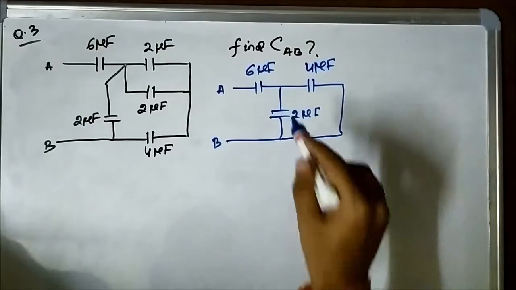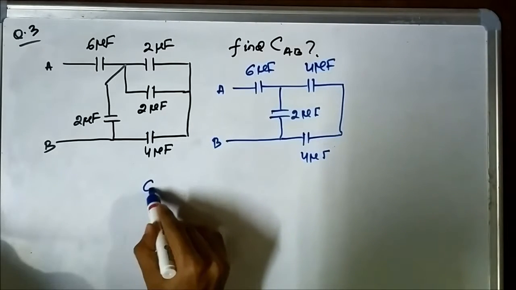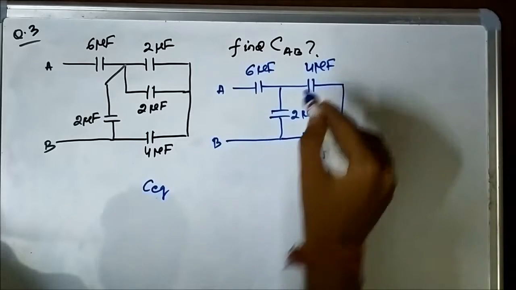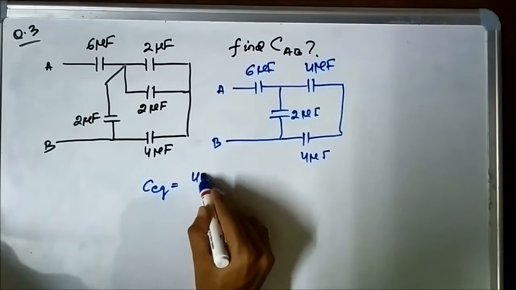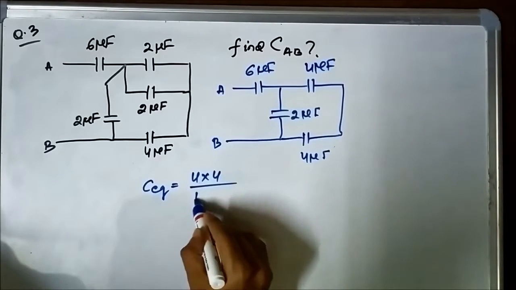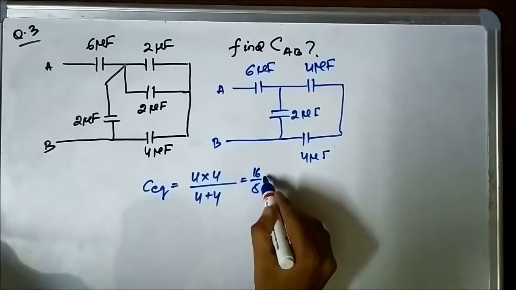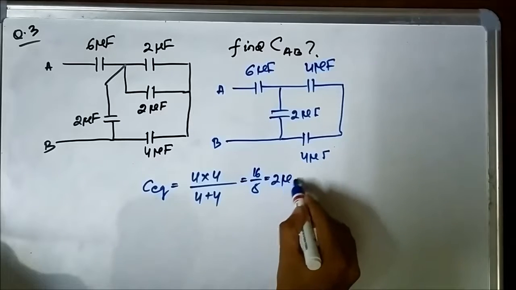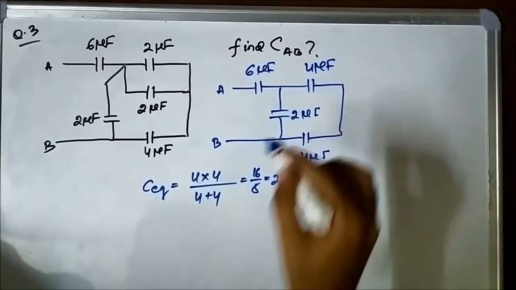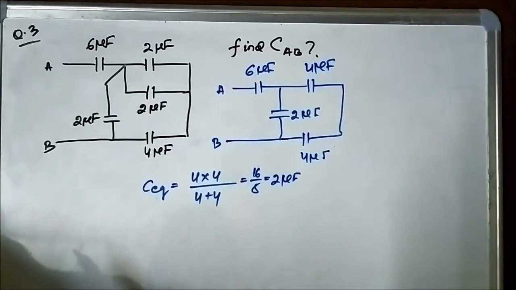So the equivalent capacitance will be 4 into 4 by 4 plus 4, which is equal to 16 by 8, equal to 2 microfarad.